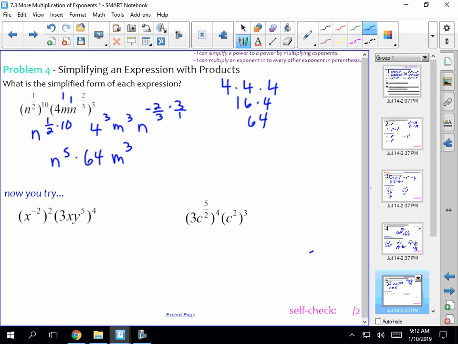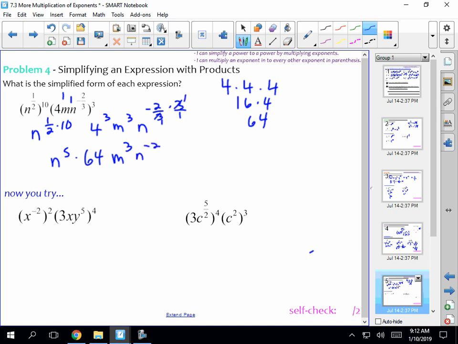So we're going back to our arithmetic here. Do we know how to do negative 2/3 times 3 over 1? What do you get? It is a 2. It's a negative 2 because of this negative sign here. These cancel, and I'm left with n to the negative 2.